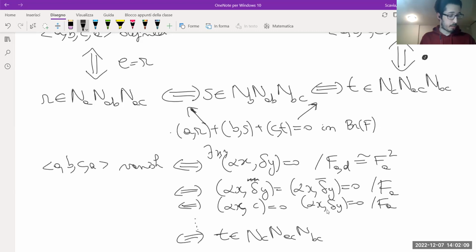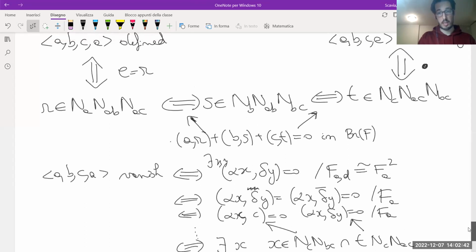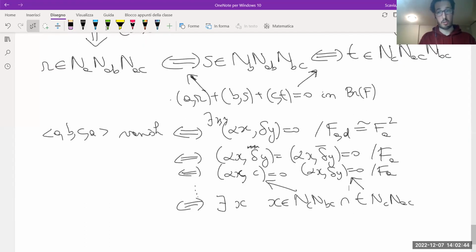Maybe I can add one extra step. All you need is that there is an X such that X belongs to NC and BC. That corresponds to this equation. And then T in NC and AC corresponds to this equation. The existence of such X is the same as this other condition here.